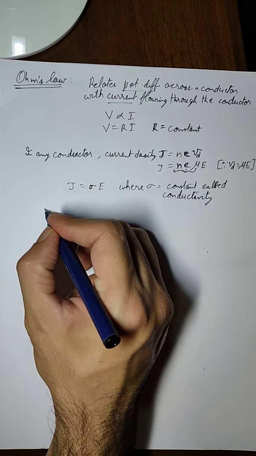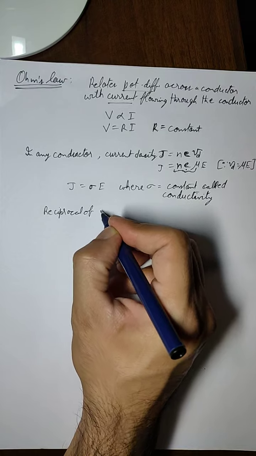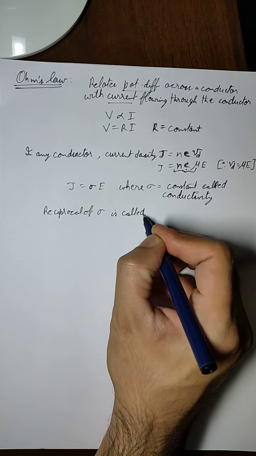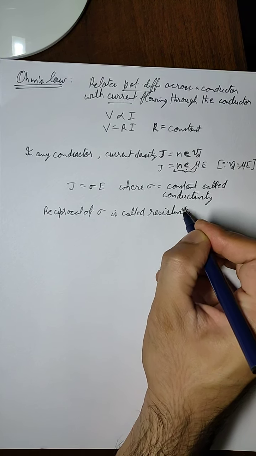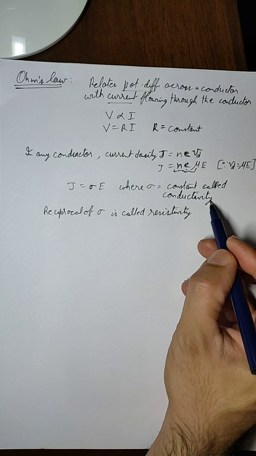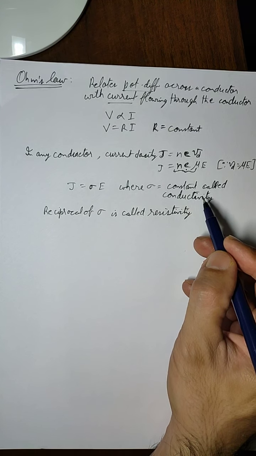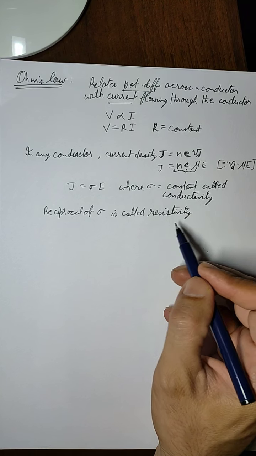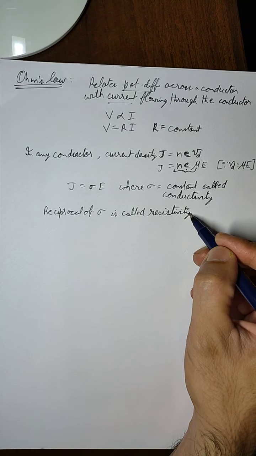Now the reciprocal of this conductivity is called resistivity. As the name suggests, if conductivity is the property of a conductor to conduct the electrons, then resistivity is the property of a conductor to stop the electrons. There is always a bargain between conductivity and resistivity.